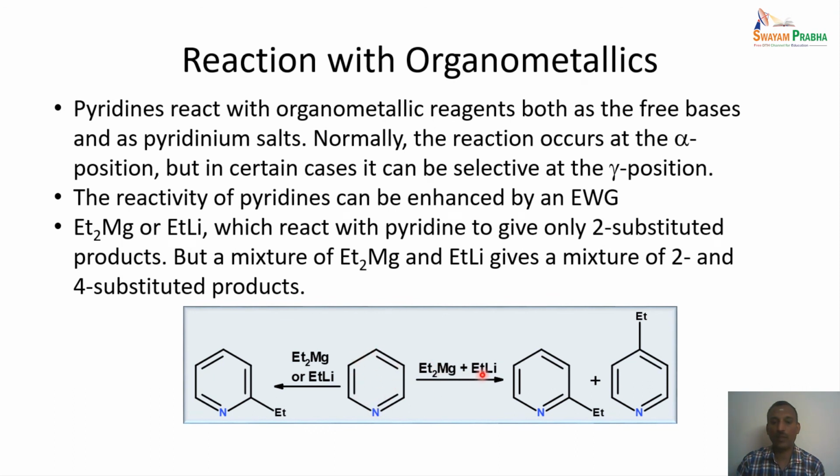Diethyl magnesium and ethyl lithium, when we are using it as a mixture, gives the 2 and 4 substituted ethyl derivatives as the product. If we use either diethyl magnesium or ethyl lithium as the reagent, it selectively gives the 2 ethyl substituted pyridine derivative. So this way we can actually selectively prepare different types of compounds.